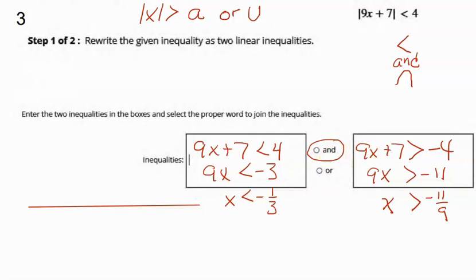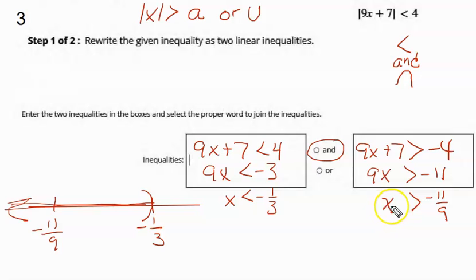So if we were to graph this now, what would it look like? Well, the numbers we're interested in are negative 1/3, and negative 11/9 would be there somewhere. And how do we graph this? Well, these are going to be parentheses. X is less than this, so a parenthesis at negative 1/3 and going off in this direction to negative infinity.